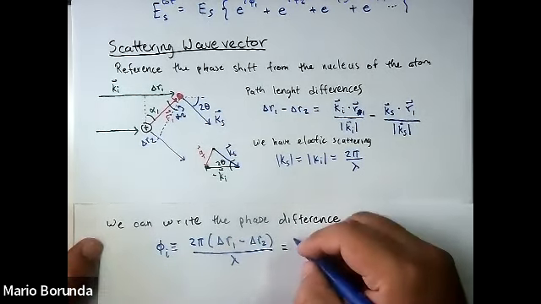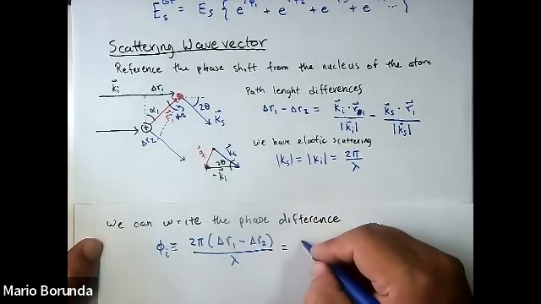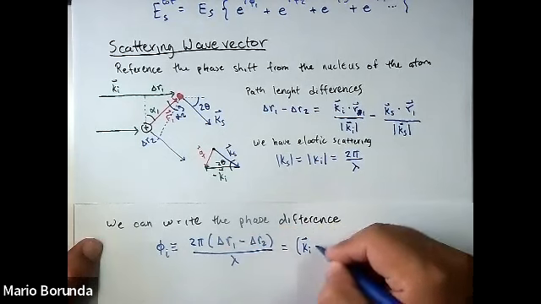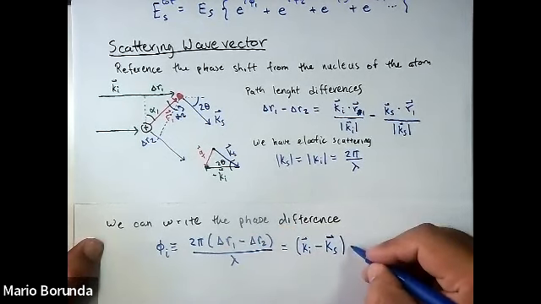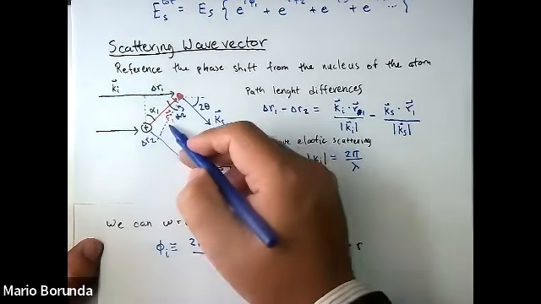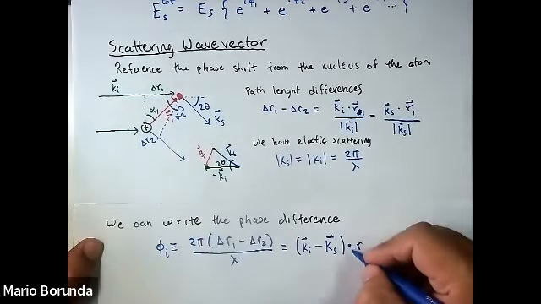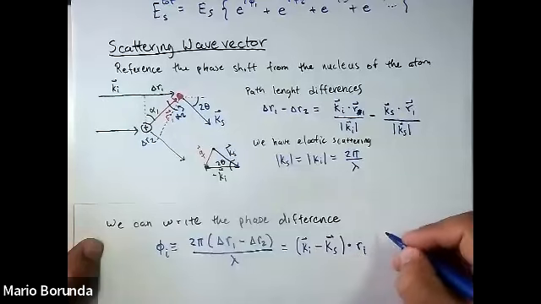And what we end up getting is that this would be the same as ki vector minus ks dotted with this vector. In this case, it was R1, but here it would be for any of them. So it's going to be Ri.